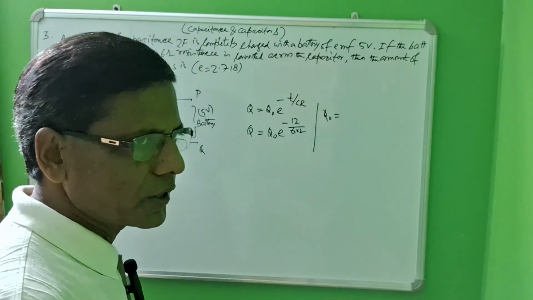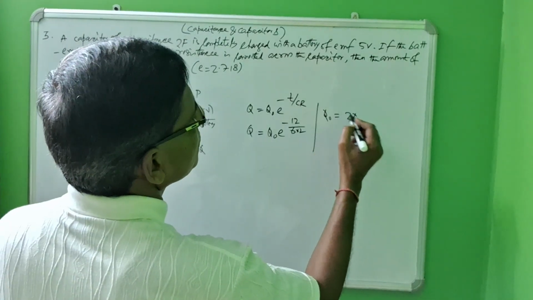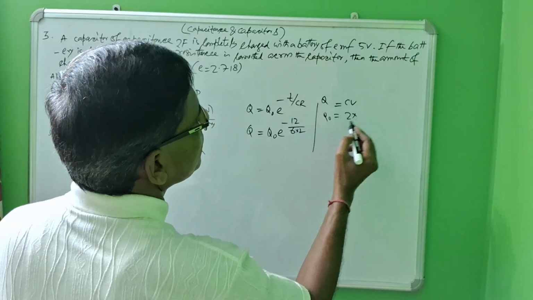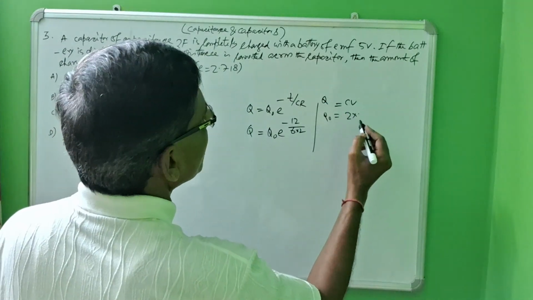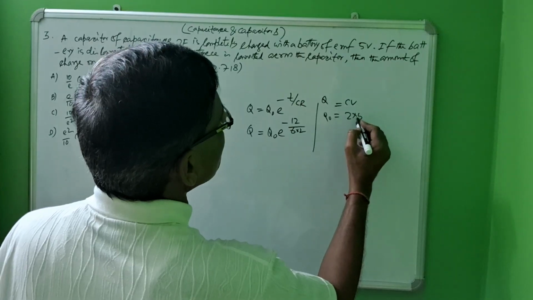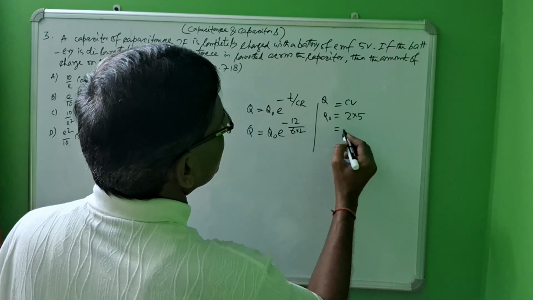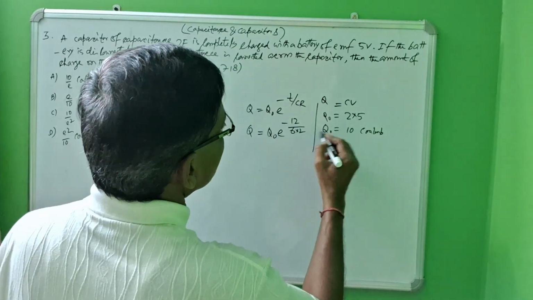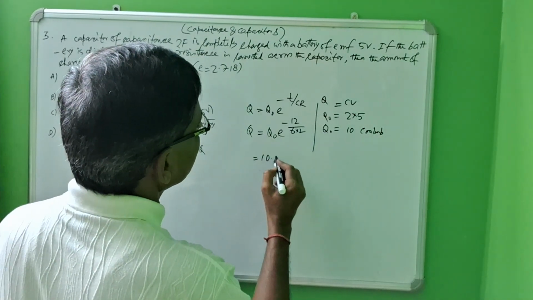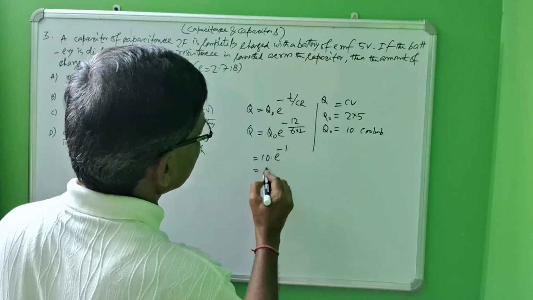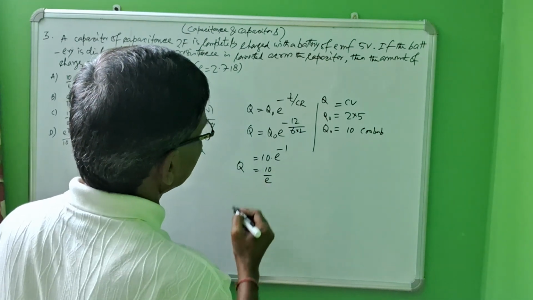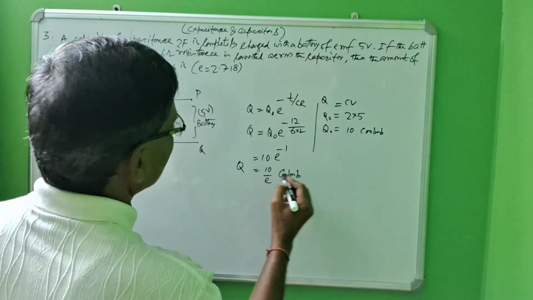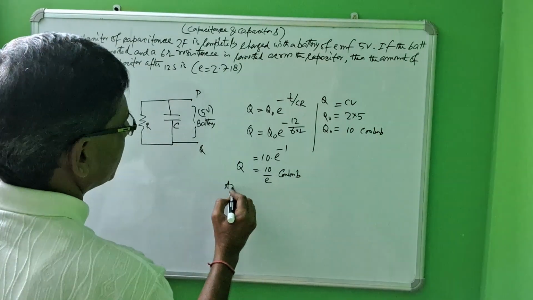Q0 equals C into V. So Q0 equals 2 into 5, so 10 coulomb. Putting here we get 10 into e to the power minus 1, equals 10 by e coulomb. So answer A.